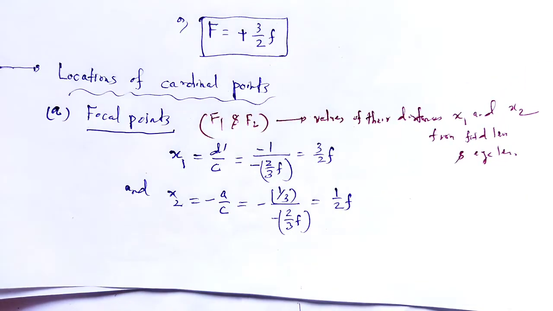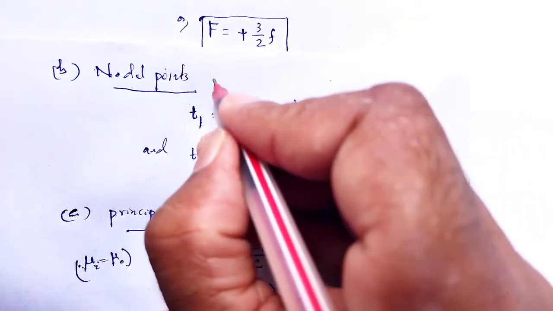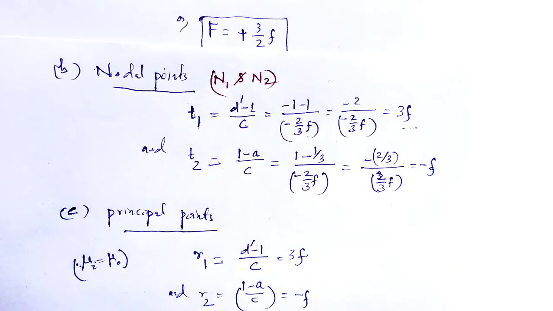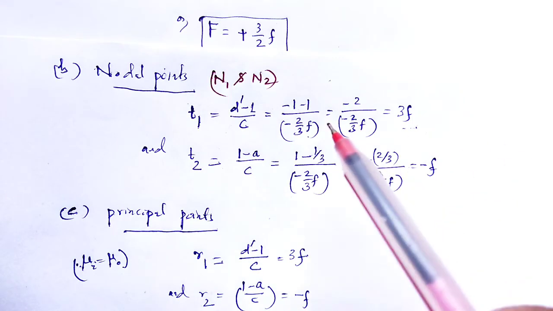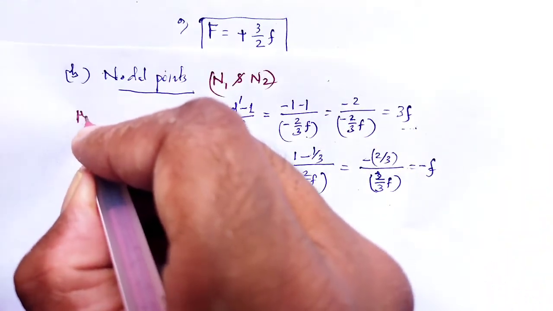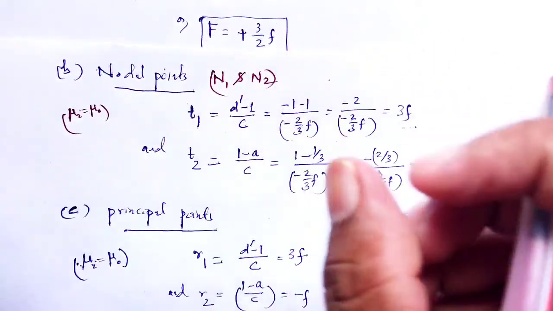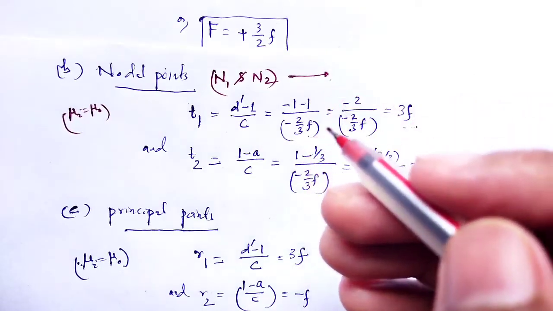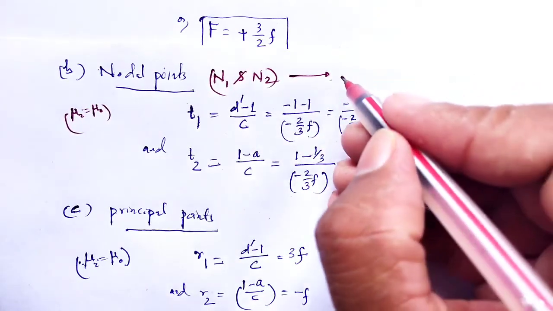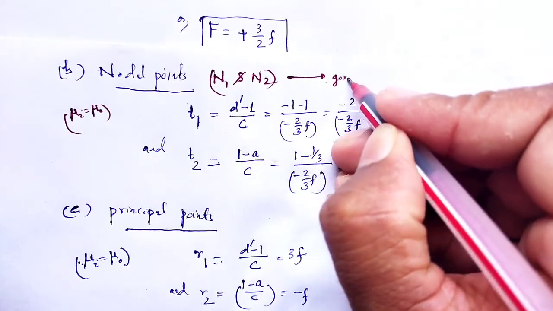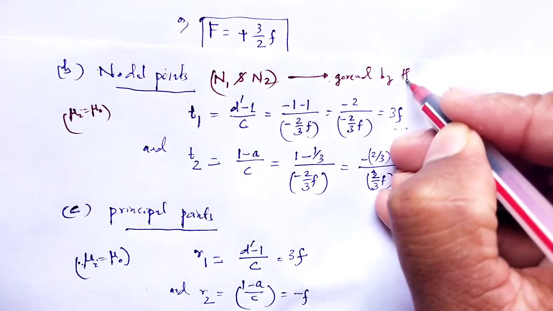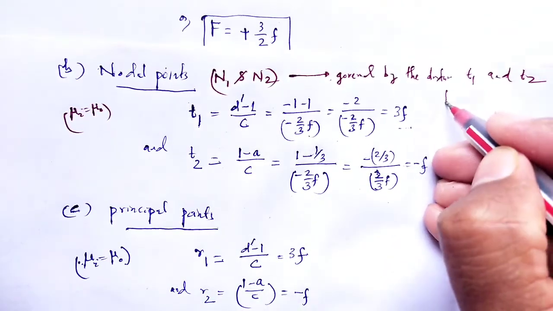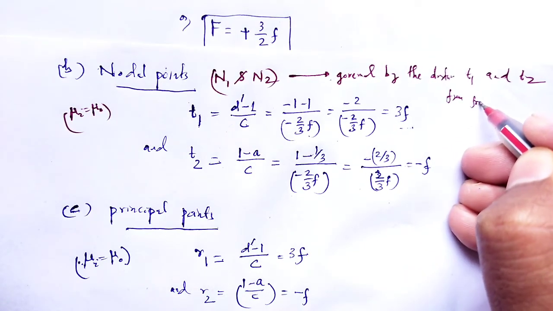Similarly, for the nodal points n1 and n2, I used the refractive index being the same at input and output planes, and these are governed by the distances T1 and T2 from the field lens and eye lens.